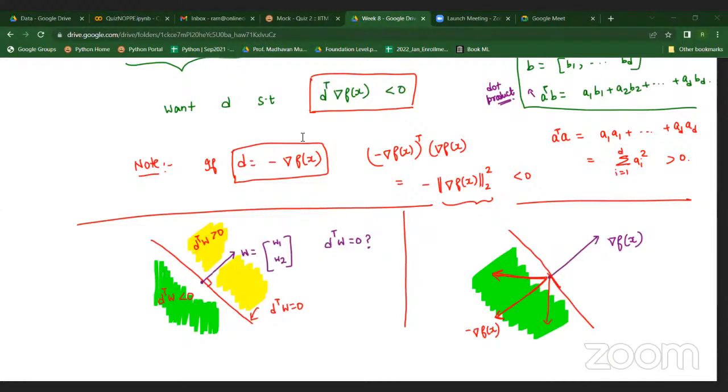Sorry, sir. Let's say this is my vector, okay? And if a vector is here, this is my W vector and this is my D vector.